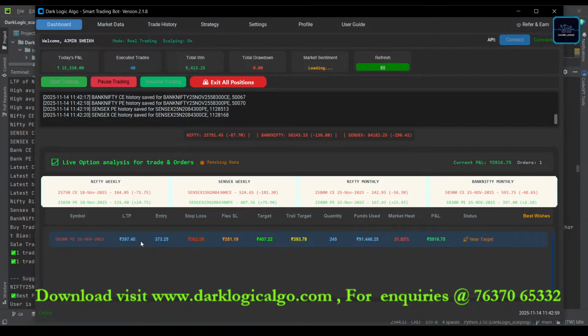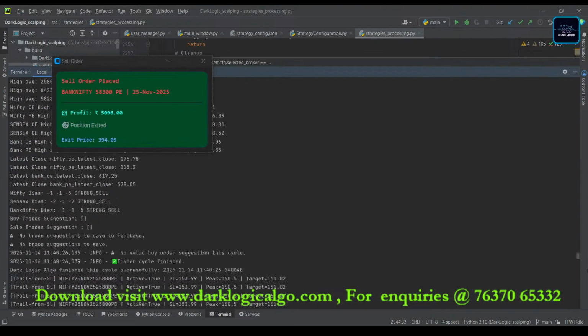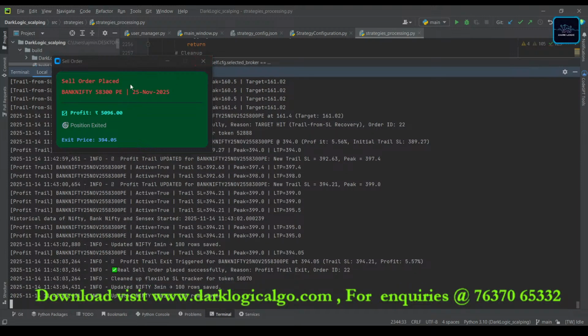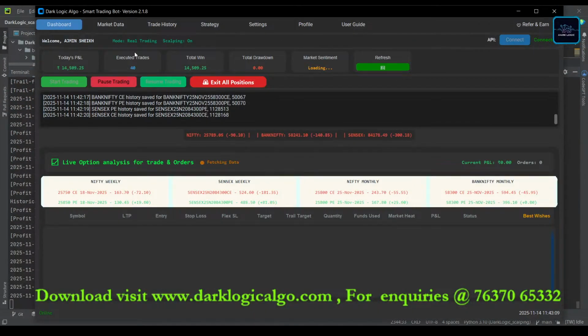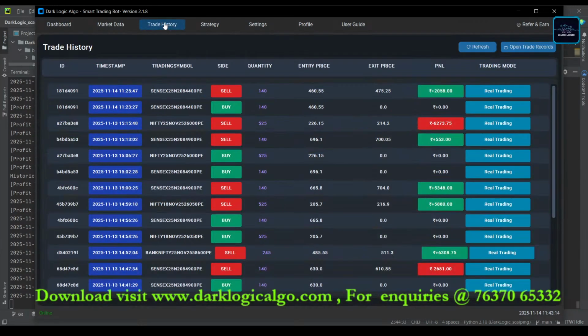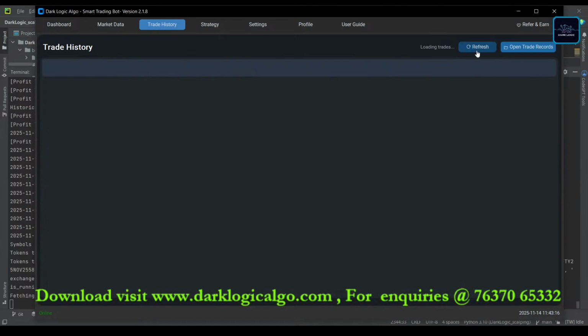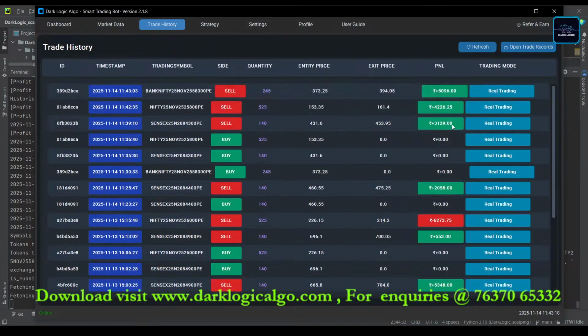It hit 397, 398. So now you can see it started trailing. Our Bank Nifty position exited. See over here, the profit booked is nearly 14,500. From the morning, all the positions are booked.